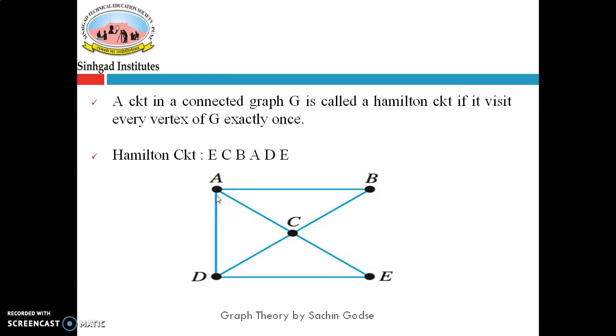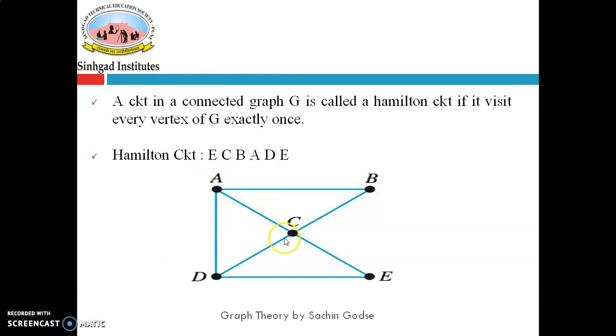Now the Hamilton circuit: a circuit in a connected graph G is called a Hamilton circuit if it visits every vertex of graph G exactly once.